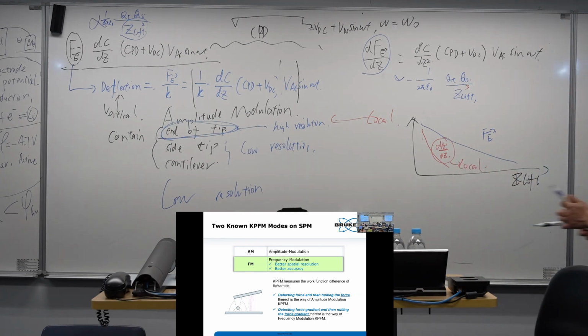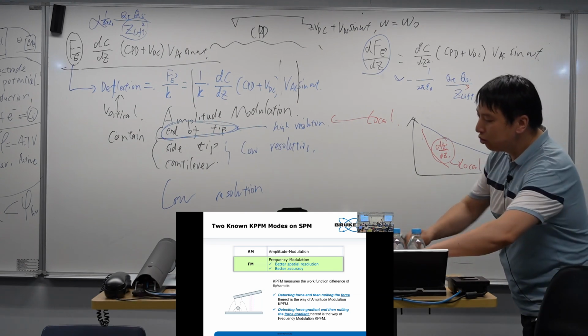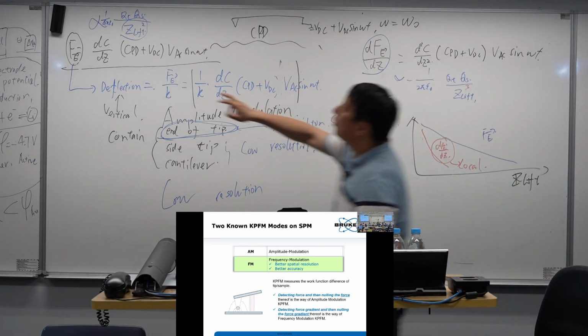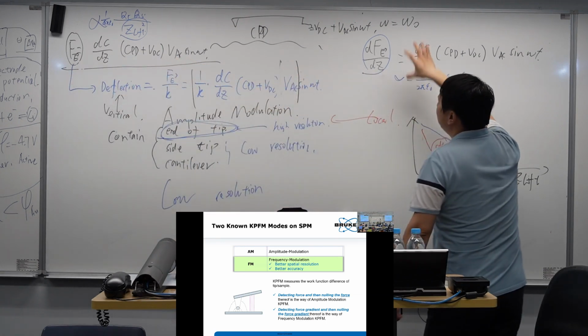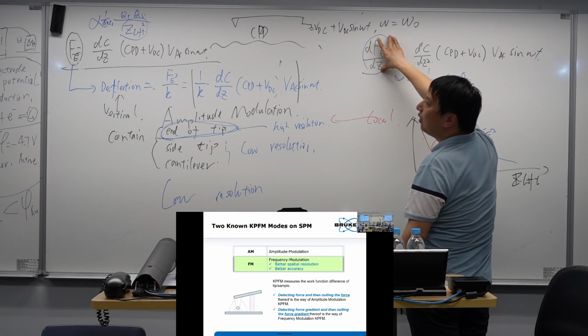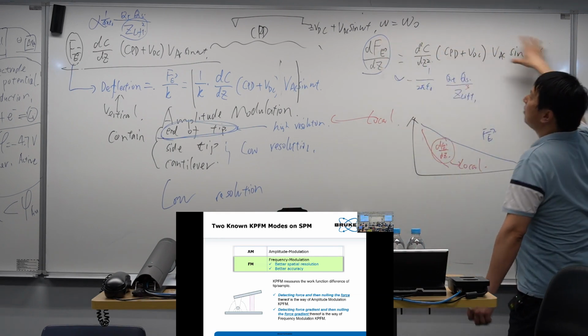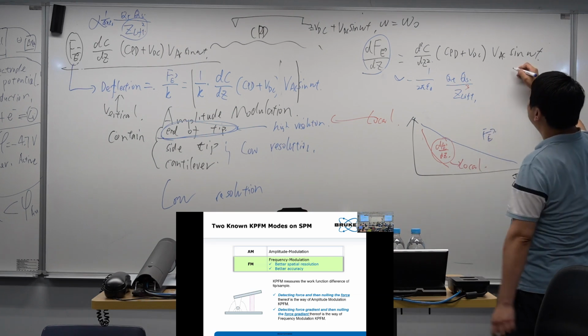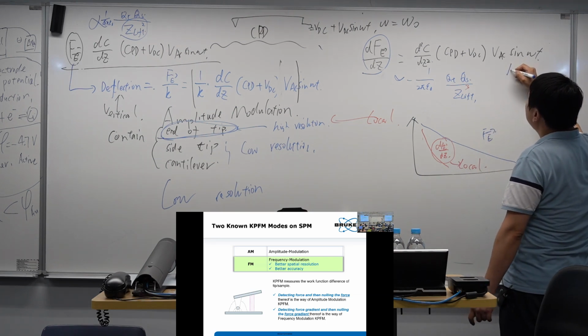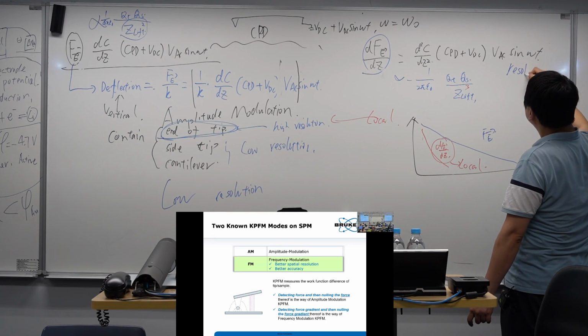So the point is, if we don't detect the force but detect the force gradient, then this detection will be more sensitive and the resolution will be higher.